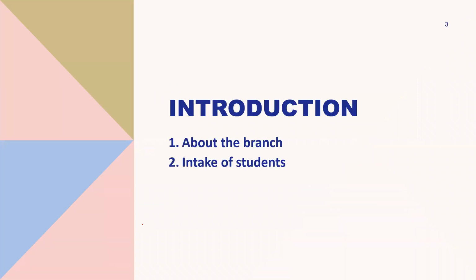So the first thing is the introduction of this branch. As its name says, it is IIE, Instrumentation and Integrated Electronics. Let me clear up these two words: first is instrumentation, and second is integrated electronics. I think the interest in taking this branch is the integrated electronics part.